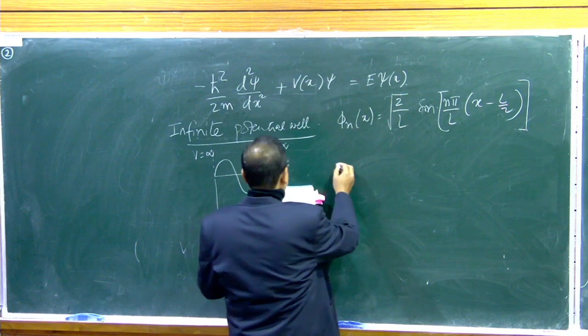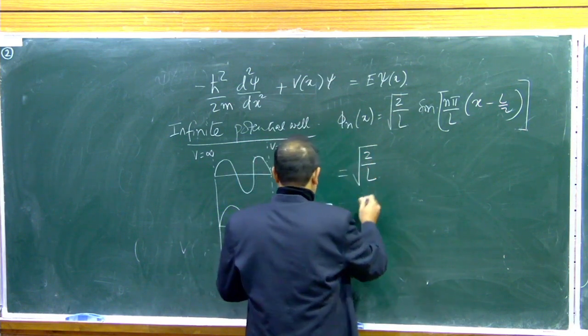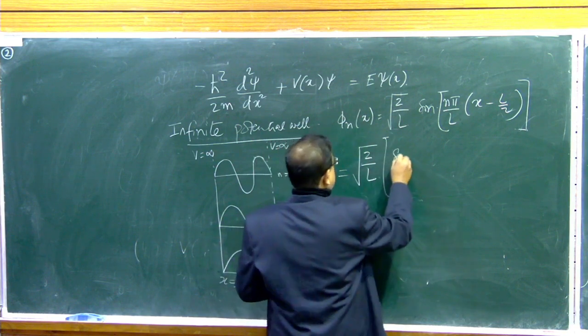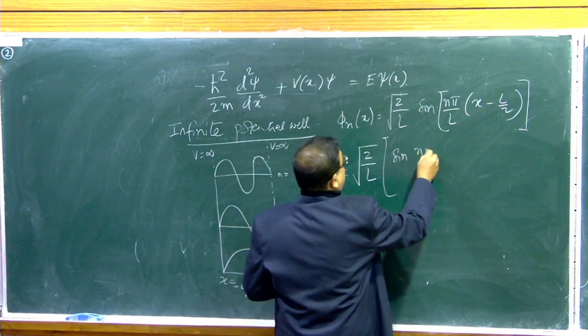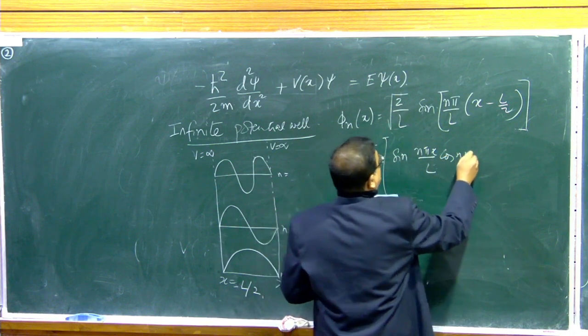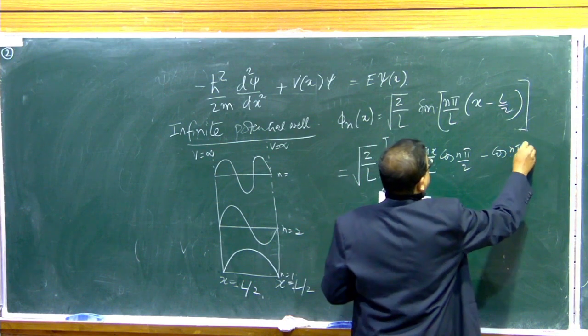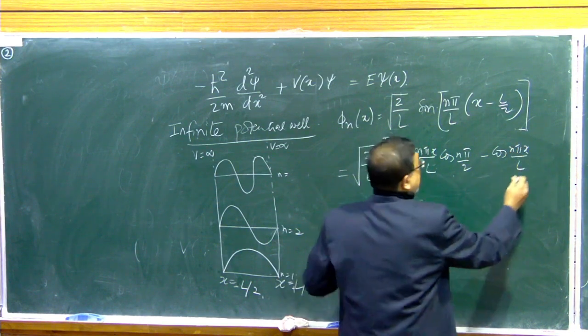So this will be root over 2 by L, sine n pi x by L cos n pi by 2 minus cos n pi x over L and sine n pi by 2.